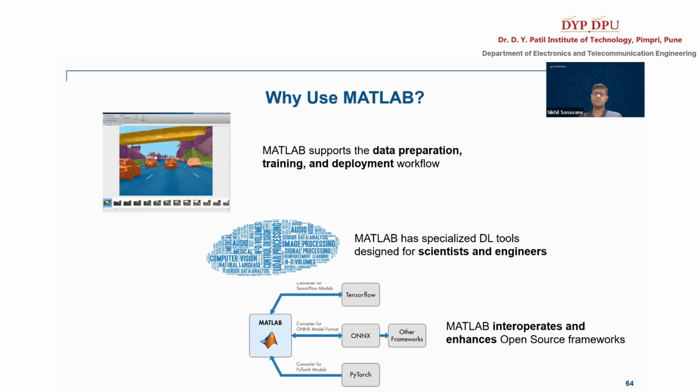So there you're using the best of both worlds, because MATLAB is a stronger tool when it comes to applications like signal processing, and then you're using TensorFlow or PyTorch or any other open source framework for deep learning applications. You can use the best of both worlds to make your algorithms more robust and easier to create and understand as well.